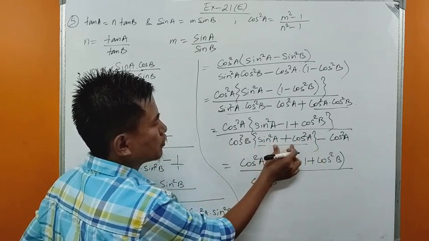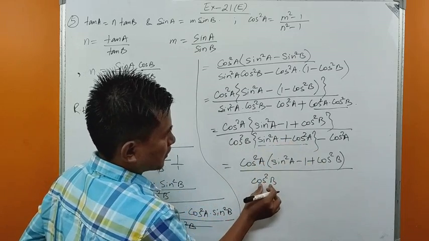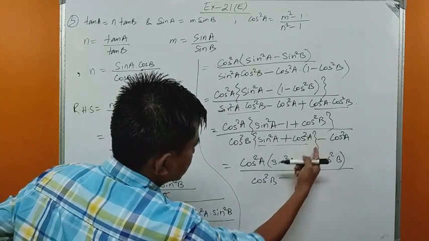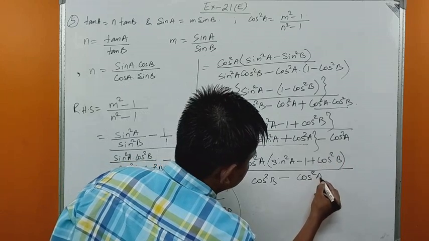So cos square B into 1 is cos square B, isn't it?